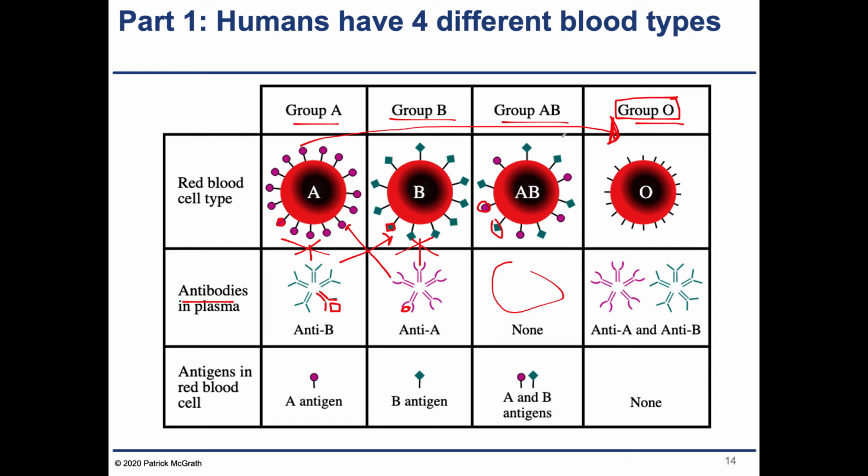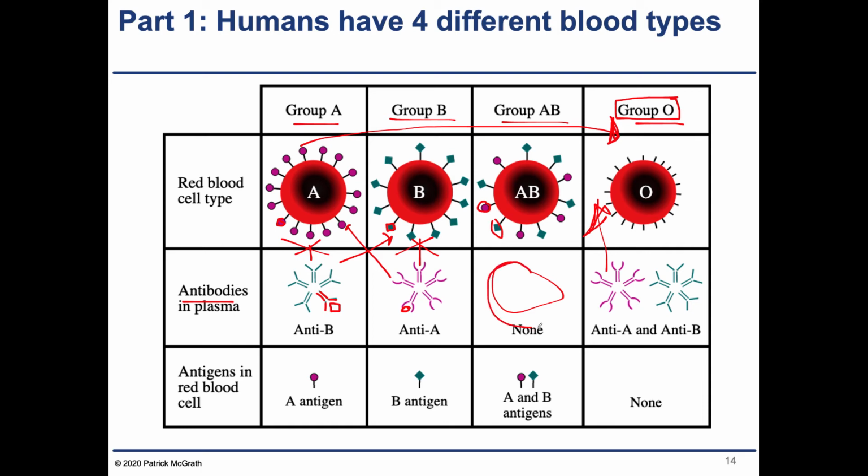If someone donates the A blood to you, these antibodies start going into overdrive and they recognize that blood type and think this is a foreign substance. So if you are an O blood type, you can only receive O blood in a blood transfusion.